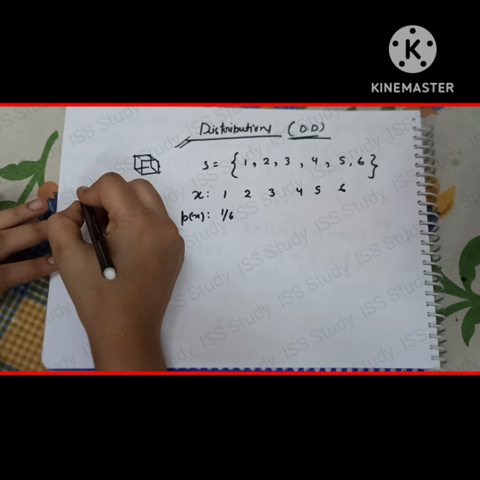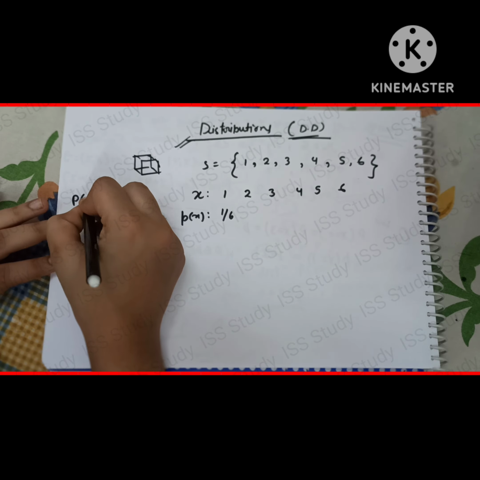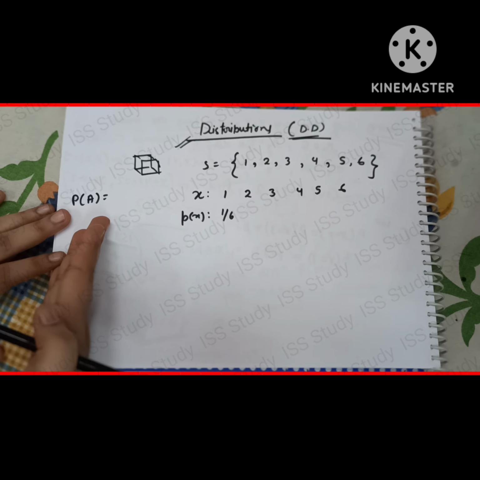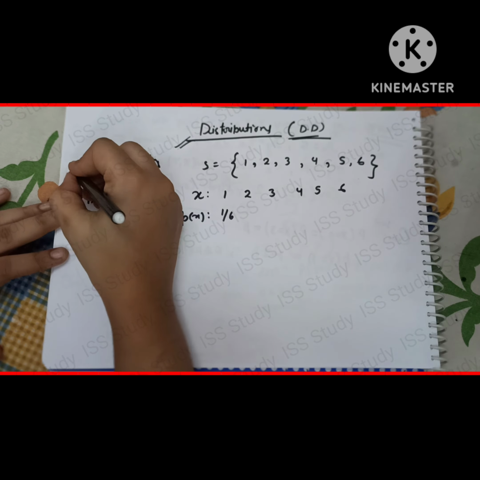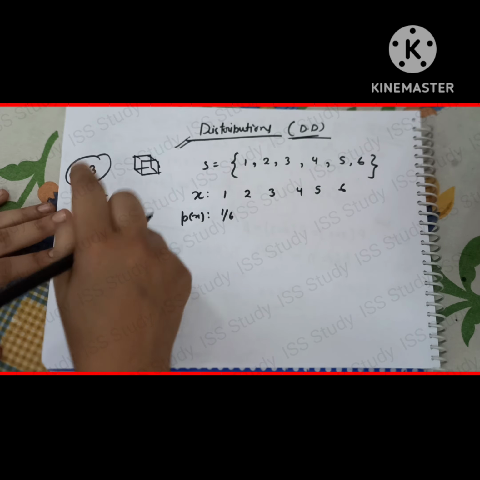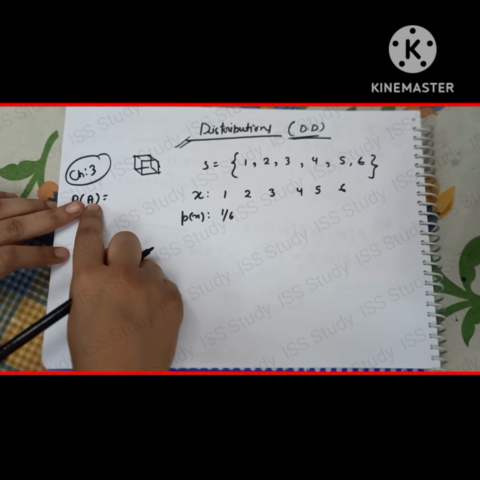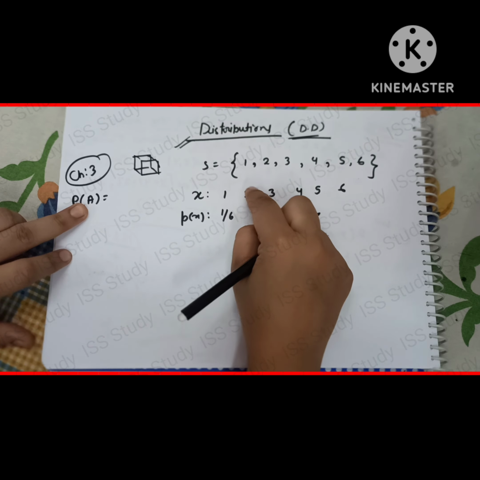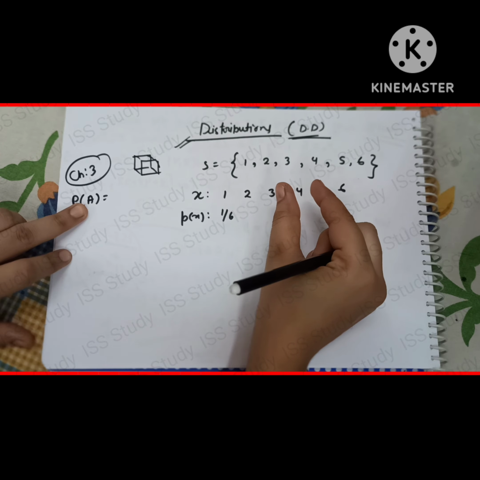We have to use the concept for finding the probability of happening of an event, which we usually study in chapter 3 of the book by Gupta and Kapoor. So this is the probability of happening of the event 2.